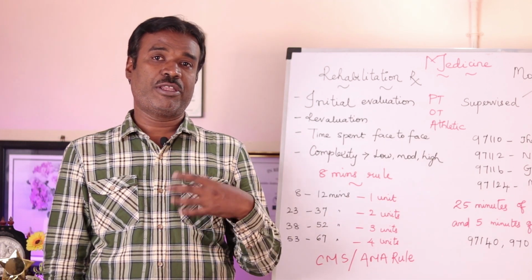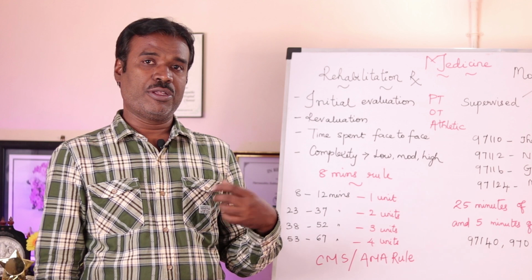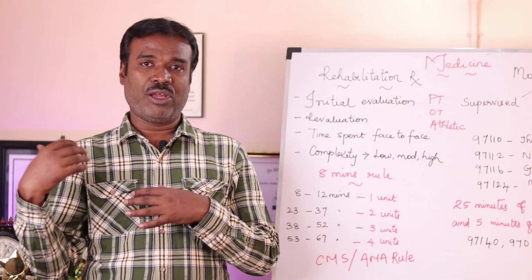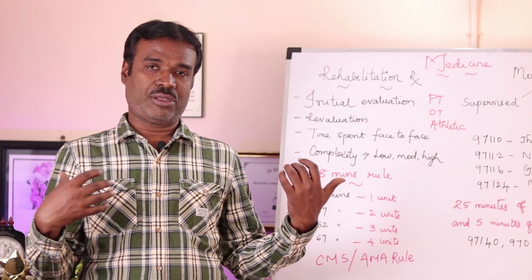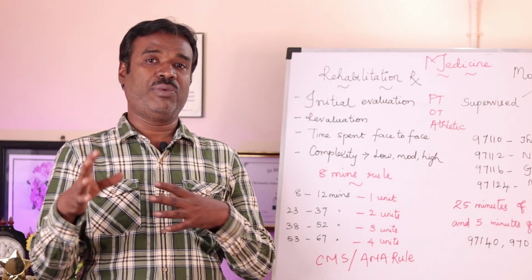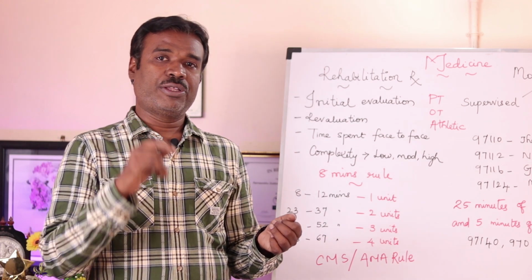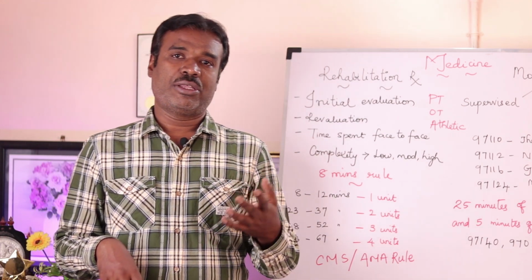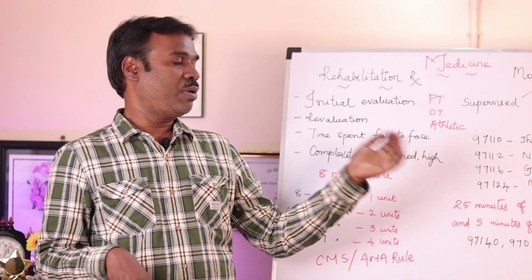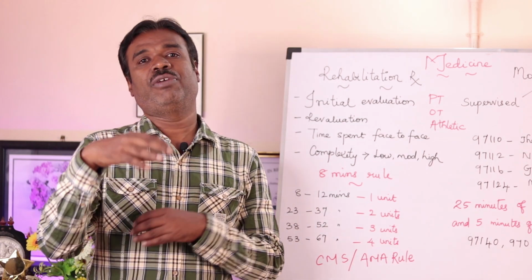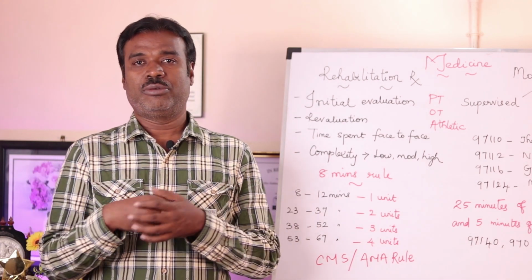This is what the CMS follows. Medicare follows this 8-minute rule. There is another way of working around it, the CPT way of calculating it. For example, if you take massage, which is CPT 97124, you need at least half, the midway point, of the time to elapse.